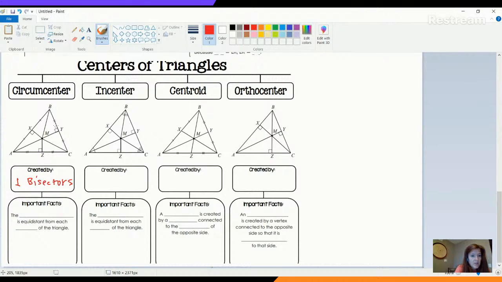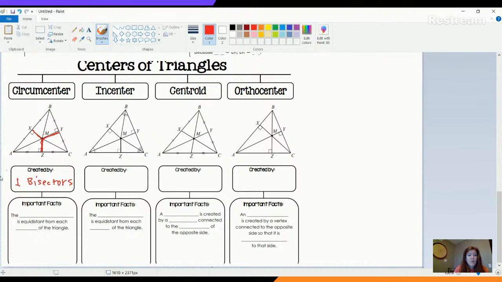So in this triangle up here, if you want to know what the perpendicular bisectors are, they are these three segments here. I know they're perpendicular bisectors because they're at the midpoint. I know they're at the midpoint because they're equidistant away from each endpoint, and they're at 90 degrees. So these three red lines are my perpendicular bisectors.